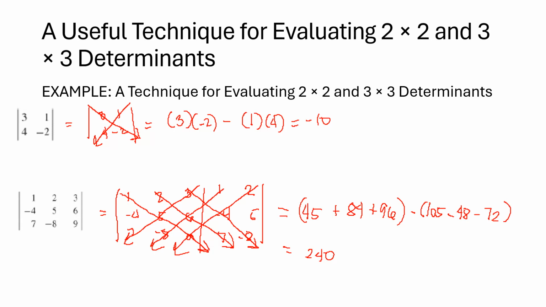Then you can use the arrow technique to evaluate the determinants for the 2 by 2 or 3 by 3 matrix, and use the determinant of a 2 by 2 invertible matrix to find the inverse of that matrix. And of course, find the determinants of the upper triangular, lower triangular, or diagonal matrix by inspection. I hope you got all those skills. So with that, thank you very much for listening.